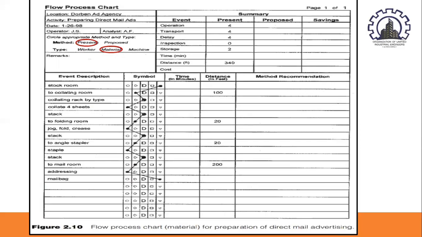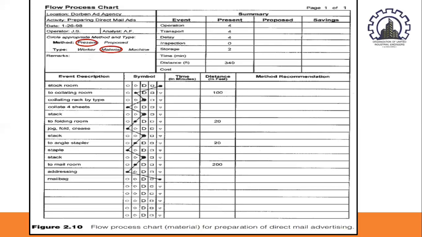As you can see in figure 2.10, flow process chart for material for preparation of direct mail advertising. Again, this type of process chart is material type, meaning the analyst is observing the material, not the operator, not the machine, but the material all throughout the process.